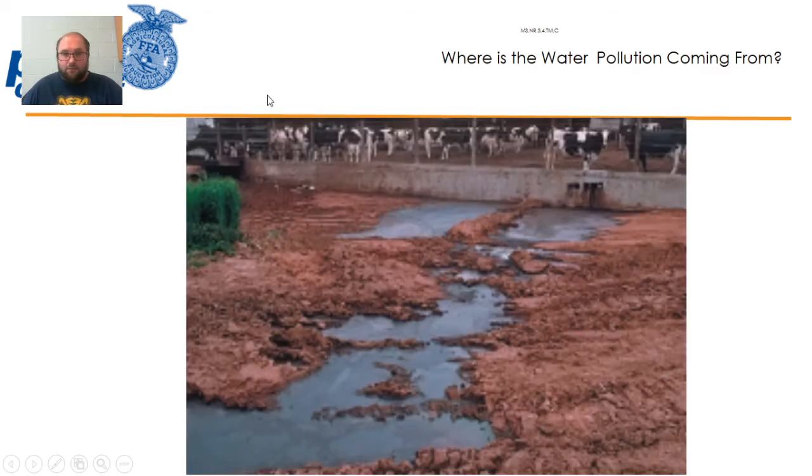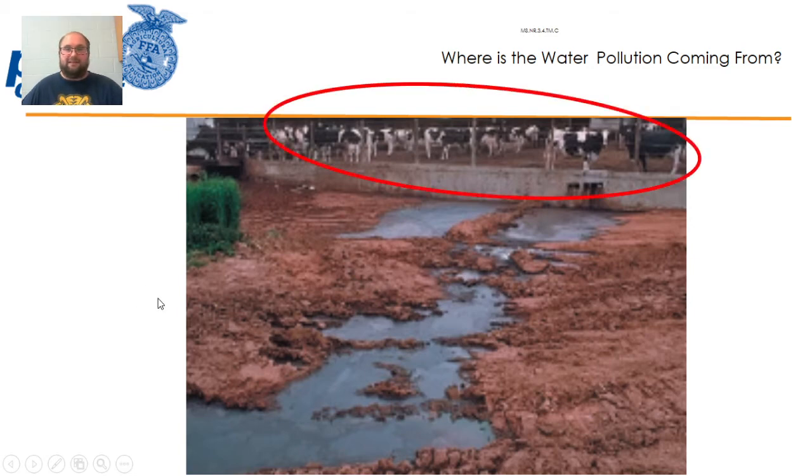So, we have a feedlot, and we've got water that is running off from this feedlot. What is the source of the contamination? The source of the contamination is the livestock, okay? It is the animals.